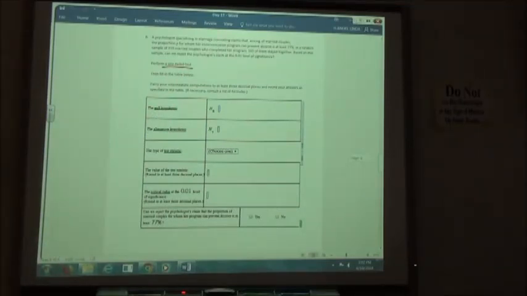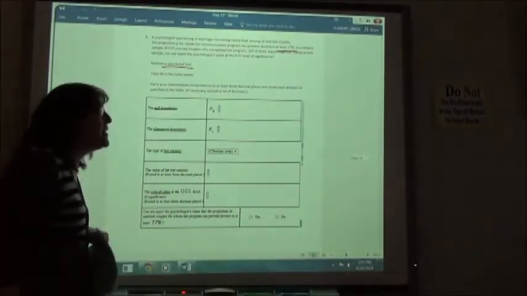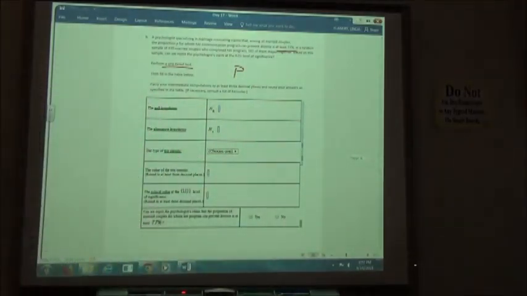So, the claim is it's at least 77%. At least, that's another one of those, at most, at least, all those. If it's at least 77%, what inequality symbol represents the word at least? Greater than or equal to, right?